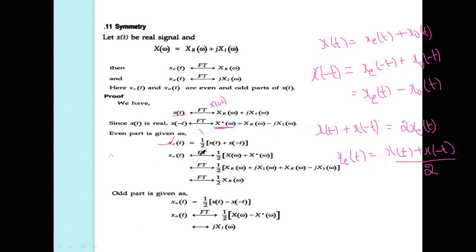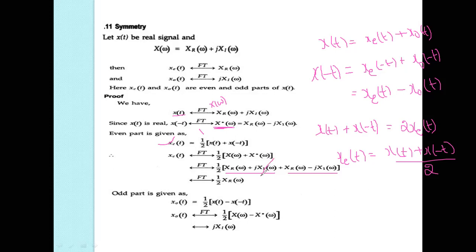For x of t, the Fourier transformation is X of omega. For x of minus t, the Fourier transformation is X star of omega. What is X of omega? It is Xr of omega plus j Xi of omega, and X star of omega is Xr of omega minus j Xi of omega.